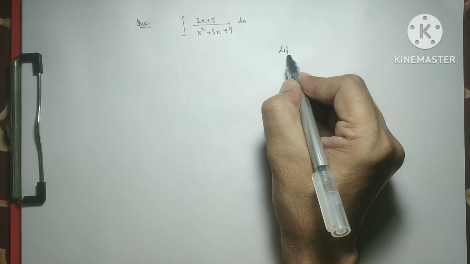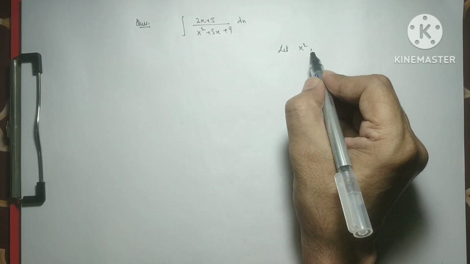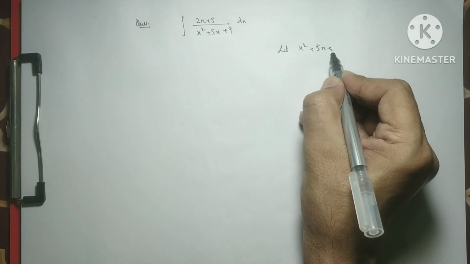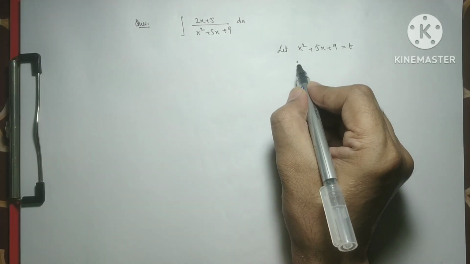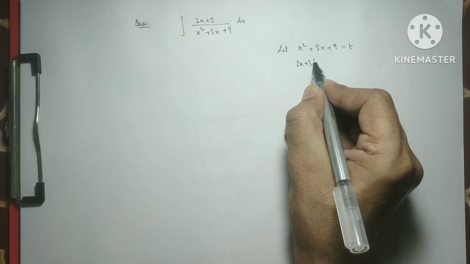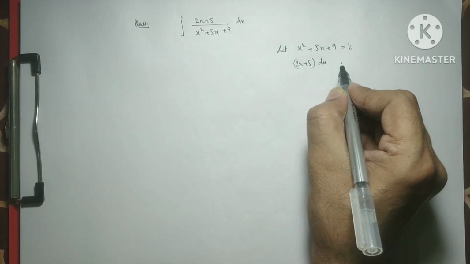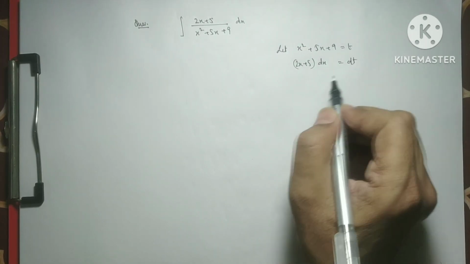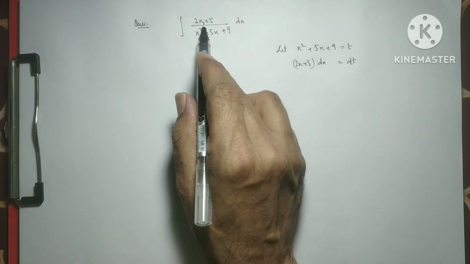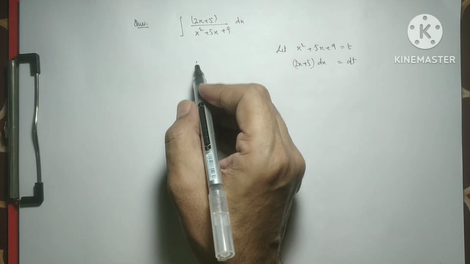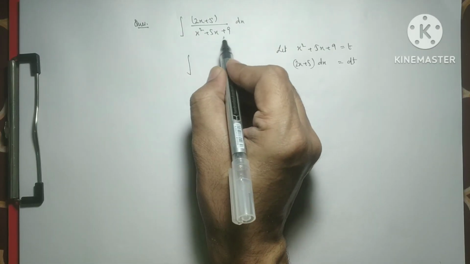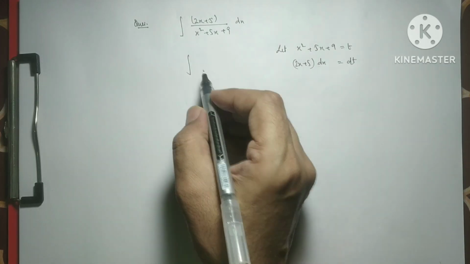Let x square plus 5x plus 9 be t. So on differentiation we get (2x plus 5) dx equals dt, and this part is the numerator of this expression, and the denominator is t.